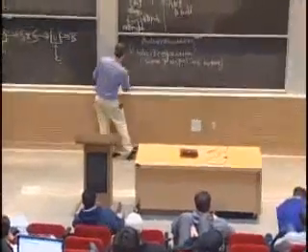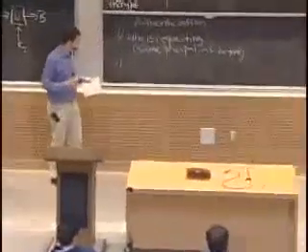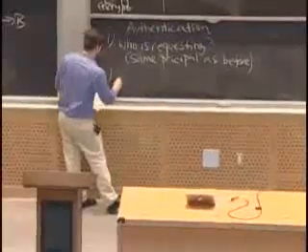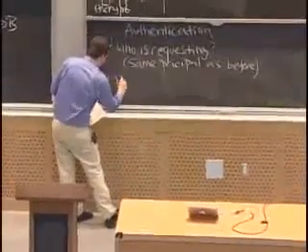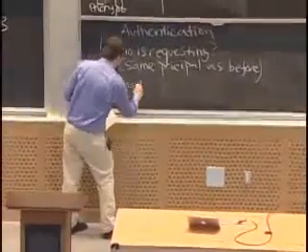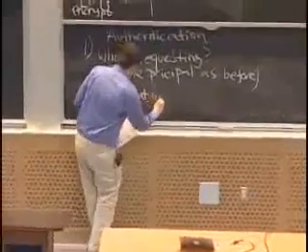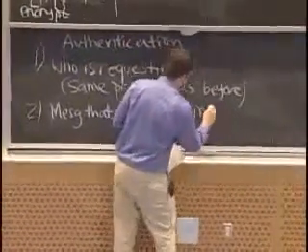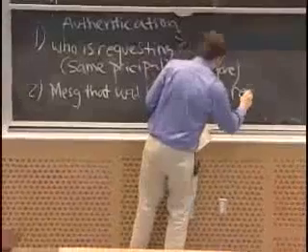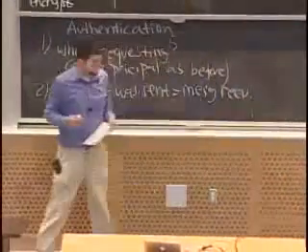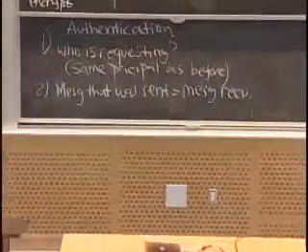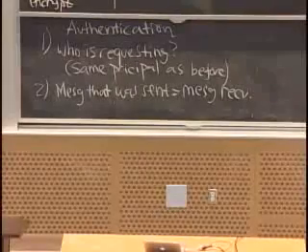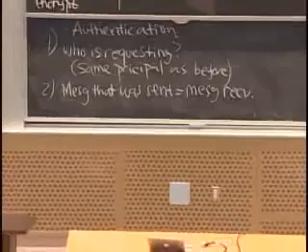The other thing that we want authentication to do is to tell us that the message that was sent is equal to the message that was received. So we want it to be the case that if Alice sends a message to Bob, when Bob receives that message, he has some assurance that it was actually the message Alice tried to send.